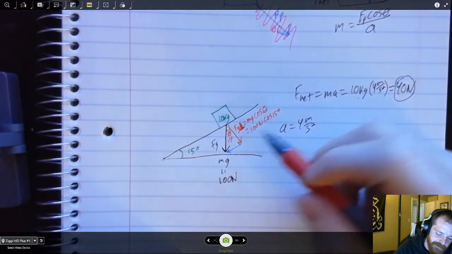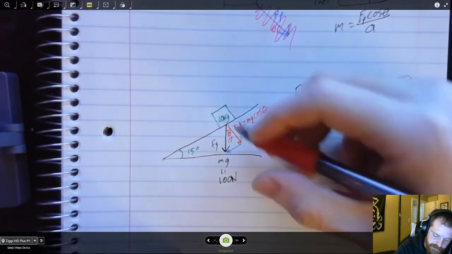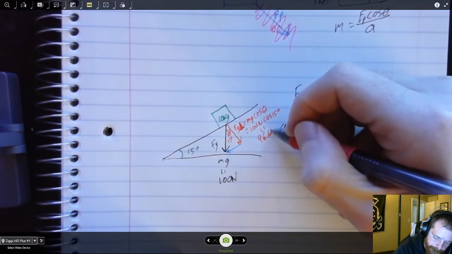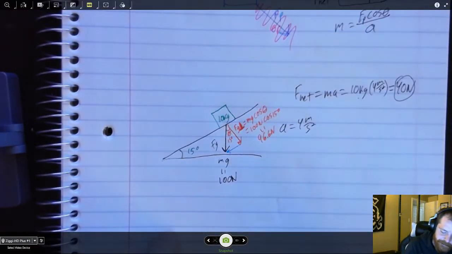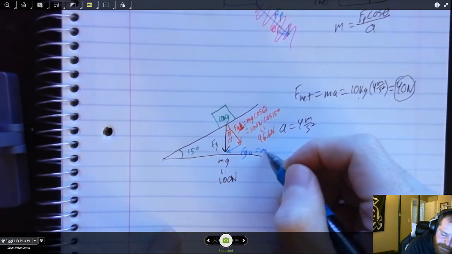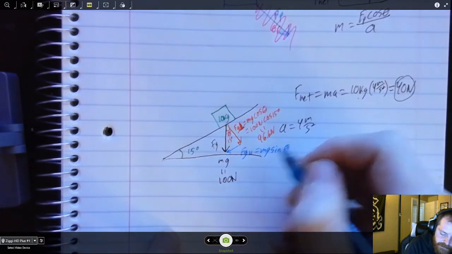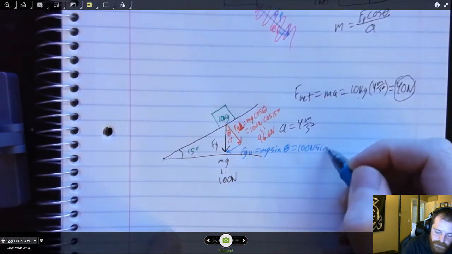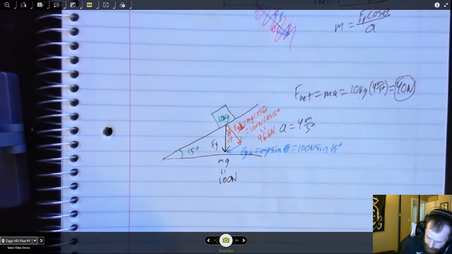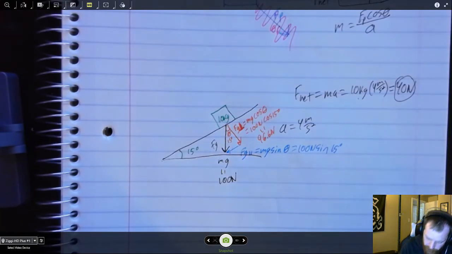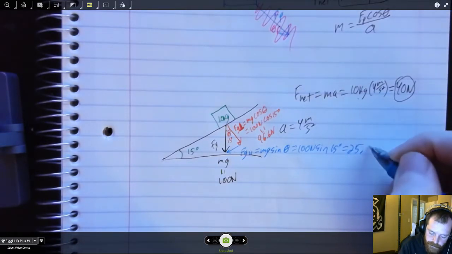The perpendicular part of gravity, the part that opposes the normal force, is 96.6 newtons. The parallel part is mg sine theta, because that's opposite of the angle. That's going to be the 100 newtons times sine of 15 degrees. It's going to be a small number, 25.9 newtons, if I did my math right.